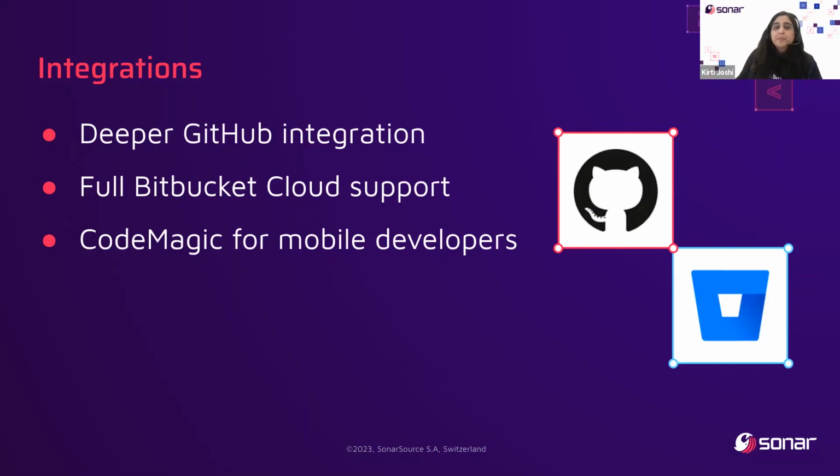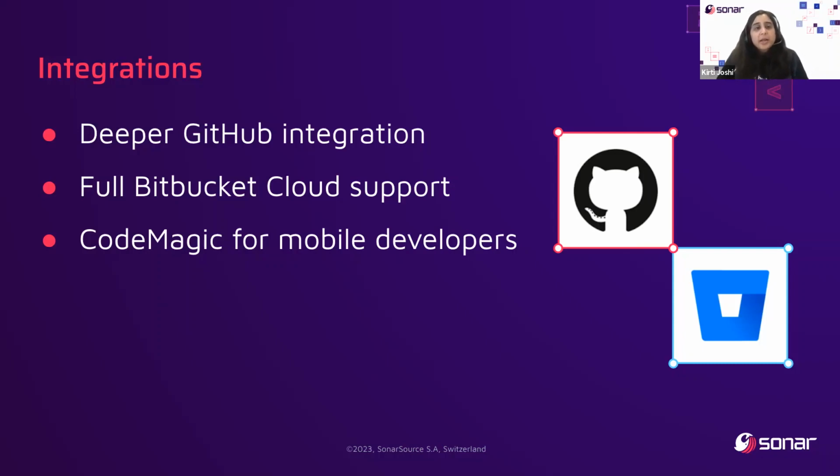All right, so let's talk a little bit about integrations. If you recall, in 8.9 LTS, the last LTS, we added deep support for the major DevOps platforms. So this means GitHub and all of its flavors, github.com, GitHub Enterprise, Azure DevOps Server and Services, GitLab, that includes GitLab Self-Hosted, Bitbucket, and Bitbucket Cloud.